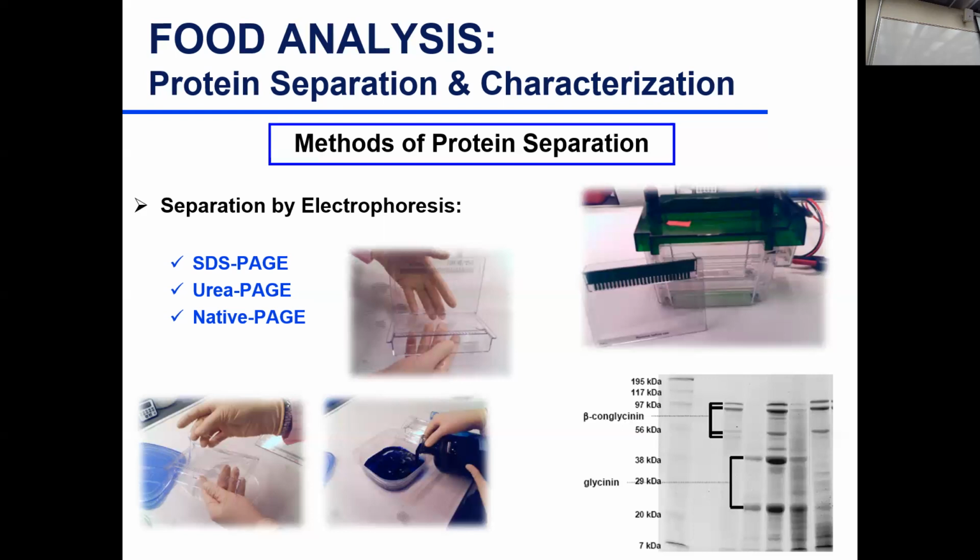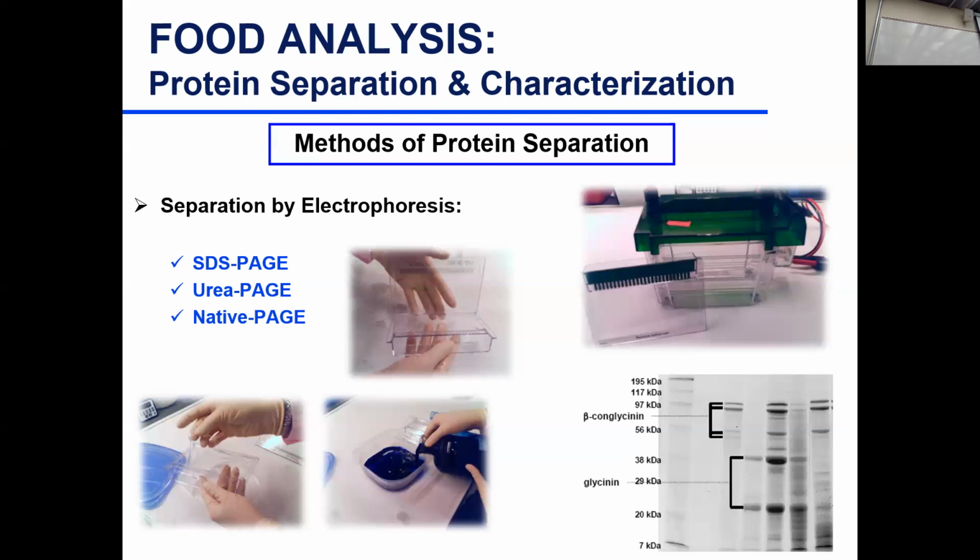What you do is fill the chamber with a running buffer, the buffer you use for running a current through your gel, up to the running buffer line. Once this is filled, you put your gel in there. Make sure you have running buffer in this little chamber as well. Then, using gloves, not bare hands, you remove the comb.